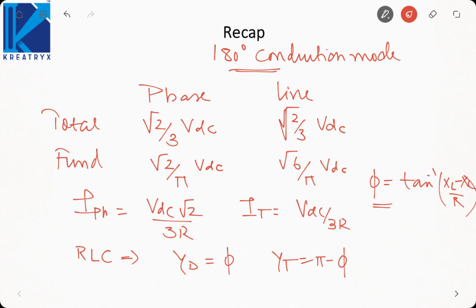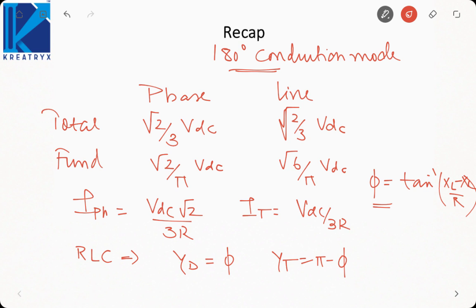In this lecture we will be focusing on 120 degree conduction mode, but before starting that we must understand why we go from 180 degree conduction mode to 120 degree conduction mode. Actually, if you remember 180 degree conduction mode, I said each thyristor conducts for a duration of 180 degree, due to which as soon as T1 stops conduction, T4 will come into conduction, because overall both have to conduct for a duration of 360 degree.